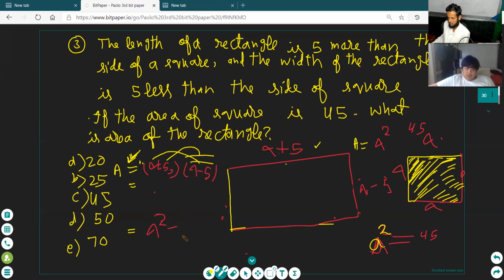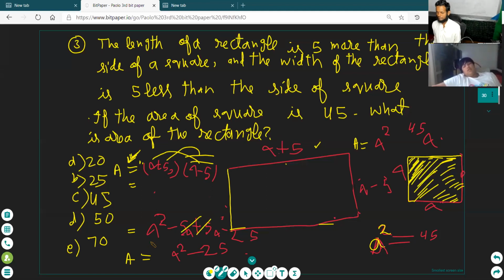Minus 5A, minus 25. Okay. Tell me, will these be cancelled out or not? These are different: minus 5a and plus 5a. Yeah, cancel them, okay. And write a squared. What is the value of a squared?